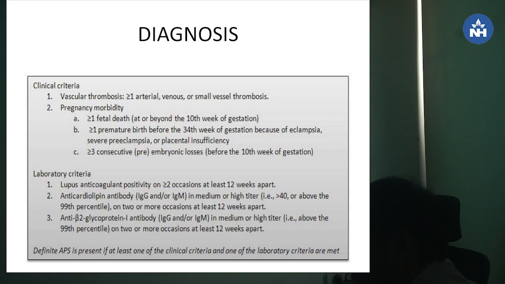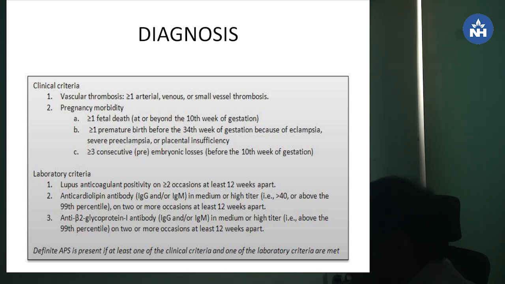So diagnosis for definite APLA has a clinical criteria and a laboratory criteria. A definite diagnosis is made if at least one clinical criterion and one laboratory criterion are present. Among clinical criteria, one is vascular thrombosis, more than one, that could be arterial, venous or small vessel thrombosis.